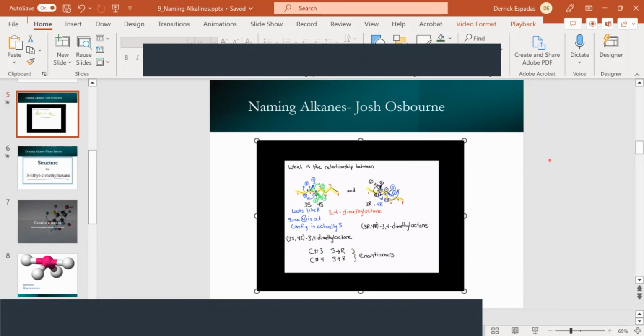So rather than trying to manipulate the bonds or redraw the compounds, sometimes it's just easier to assign your configurations and see how they switch.